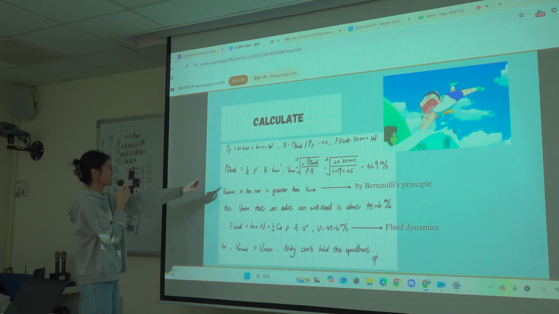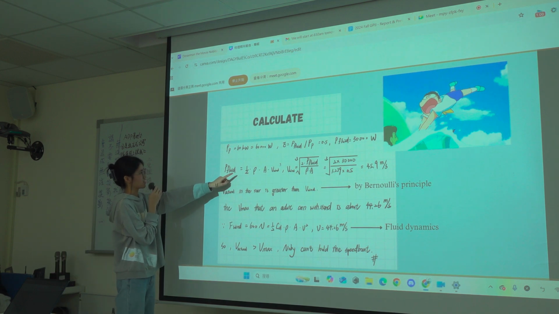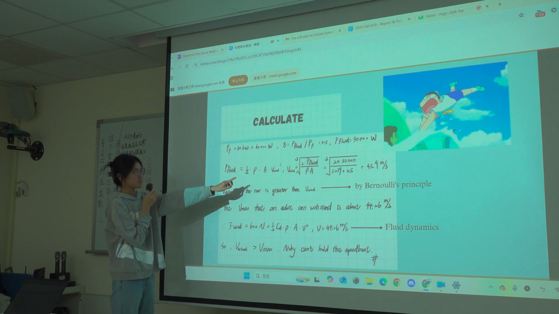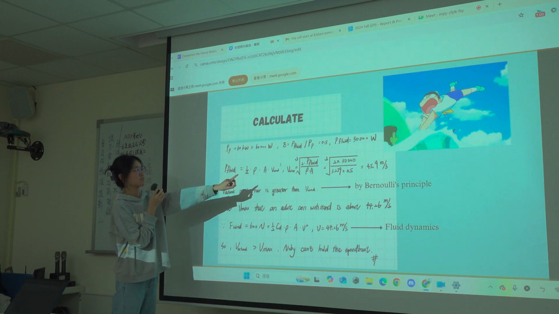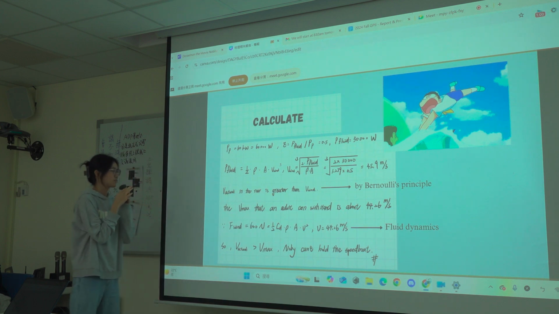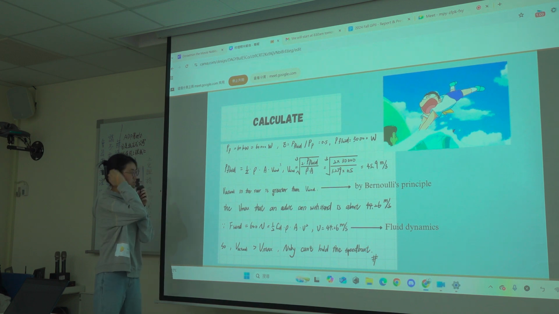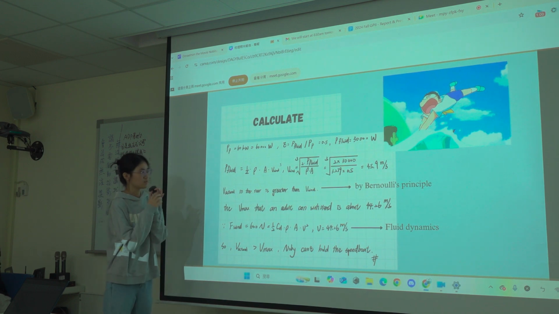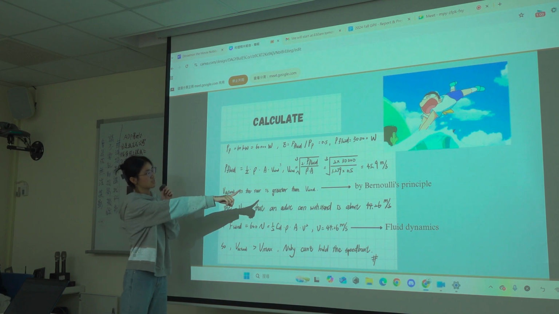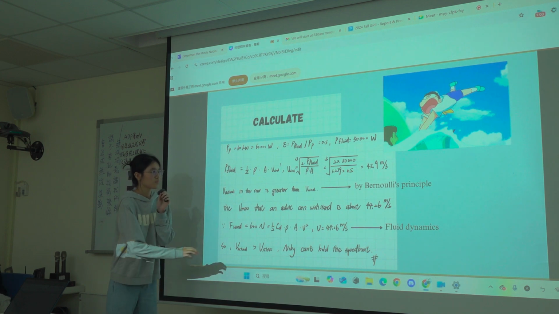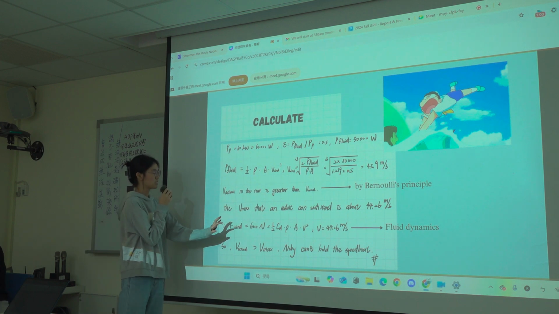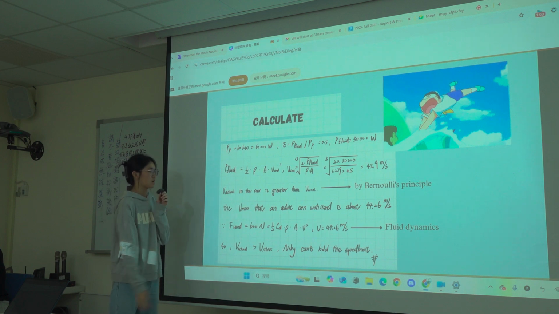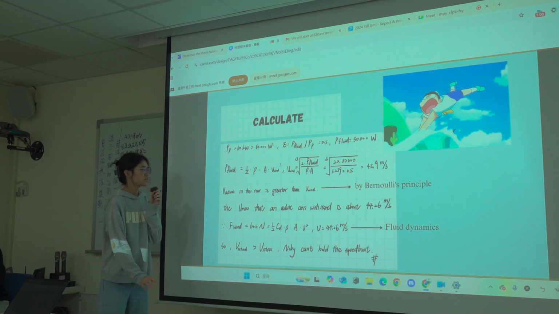I calculate using this formula, and the wind speed is about 45.9 meters per second, and the actual is greater than this because of Bernoulli's principle. The Vmax that an adult can withstand is about 44.26 meters per second.